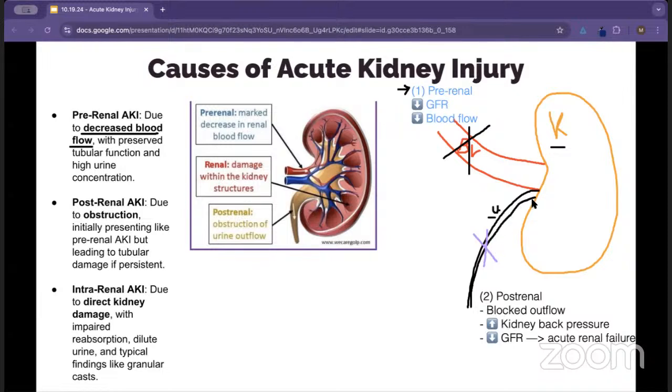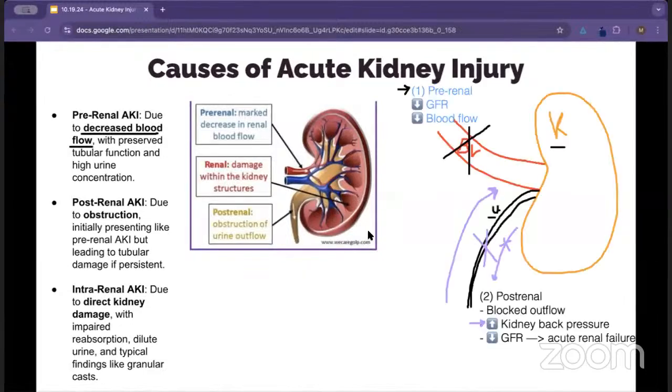If there isn't appropriate flow from the kidney to the ureter, that means there is increased backflow to the kidneys. If this is blocked, there is a backflow, and that backflow increases the kidney back pressure. I hope that made sense.